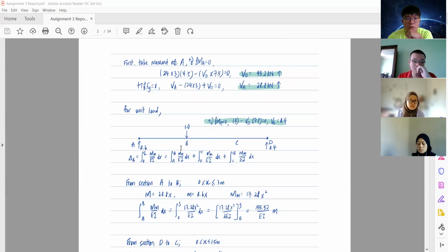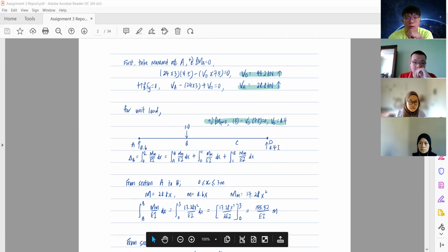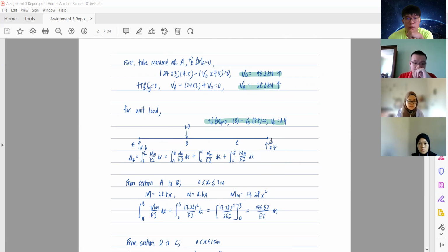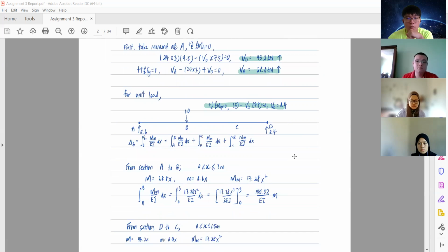The deflection at point B we find by using this equation, which was taught in the lecture video. We consider 3 sections: from A to B, from D to C, and then C to B. First, section A to B, where x is between 0 and 3 meters.